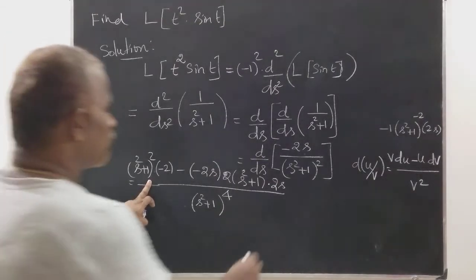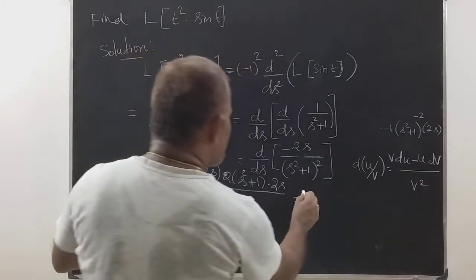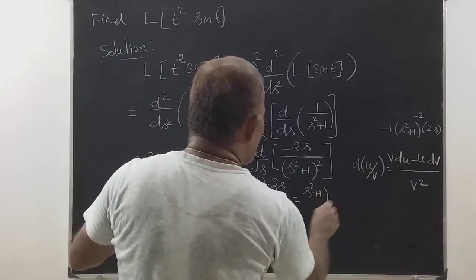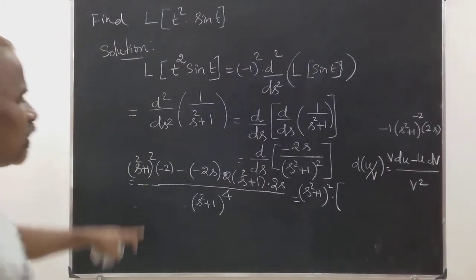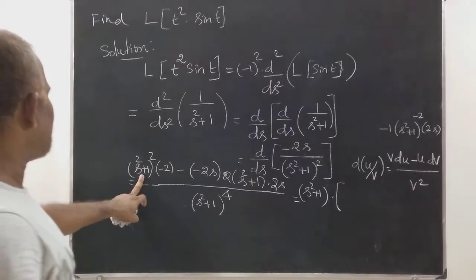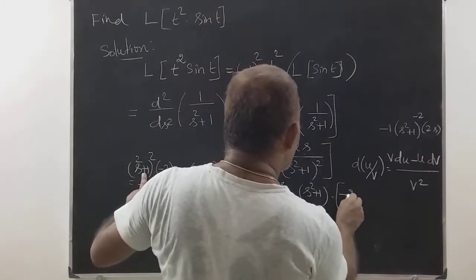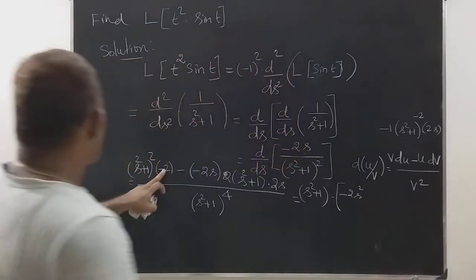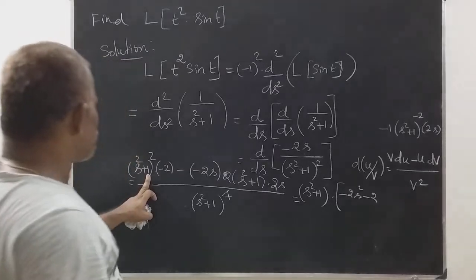Okay. So therefore I can write (s squared plus 1) the whole square. I will take out s squared plus 1. We will be getting what? s squared plus 1 minus 2 upon minus 2 s squared minus 2.